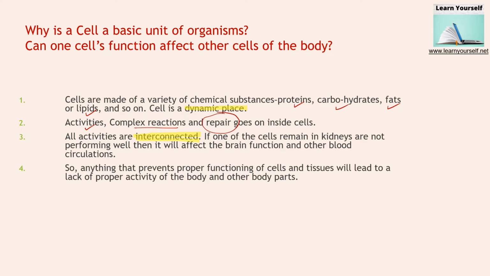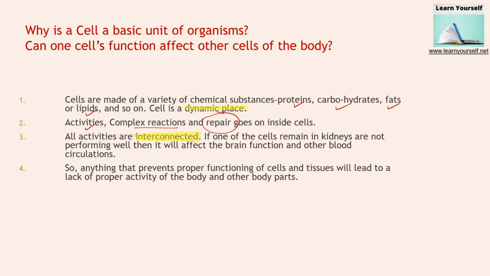Similarly, if the respiratory system is not working properly, or the cells in the respiratory organs are not working properly, then definitely it is going to affect the other parts of the body because all the cells are interconnected. Our body is one, but the cells are different, performing different functions.